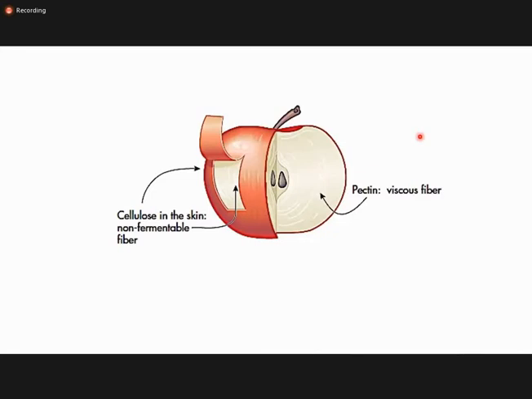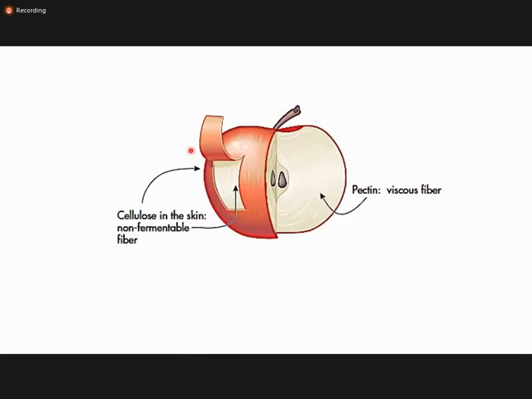If you take the fibers present in an apple, the cellulose in the skin is a non-fermentable fiber, whereas pectin, the viscous fiber, is present in the soft part of the apple.